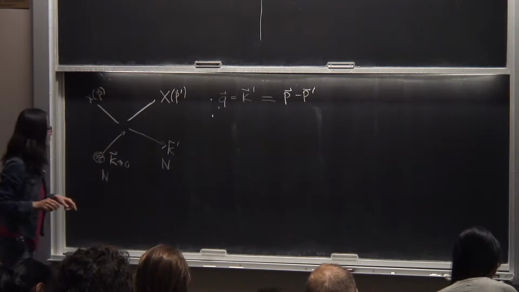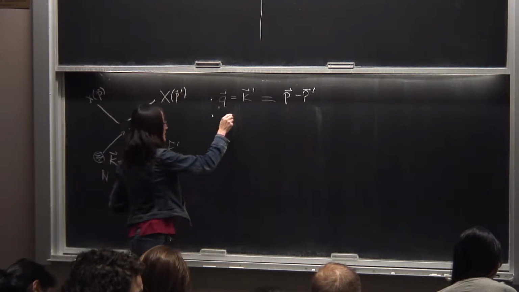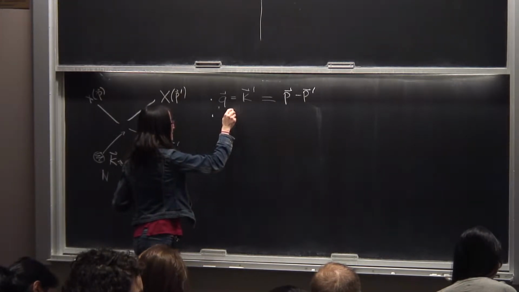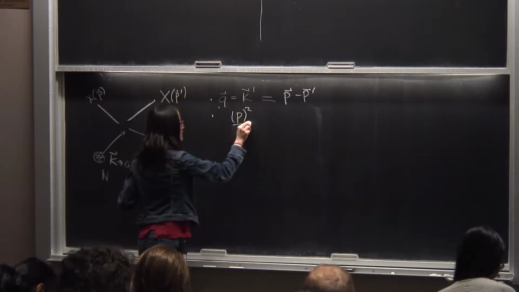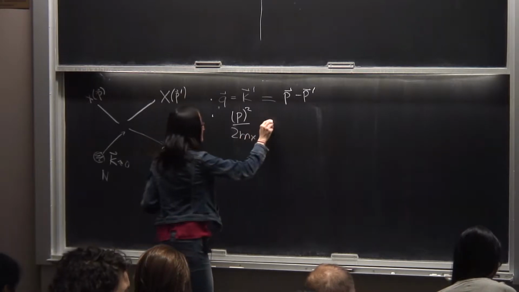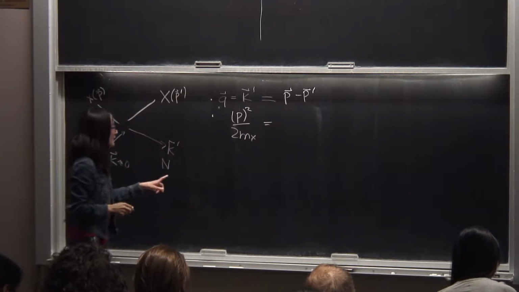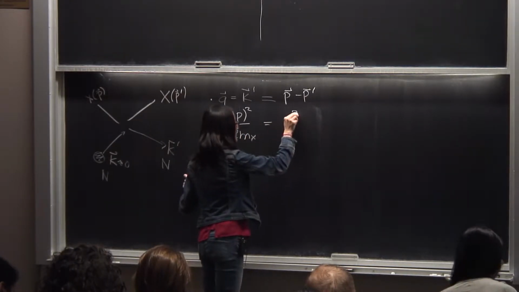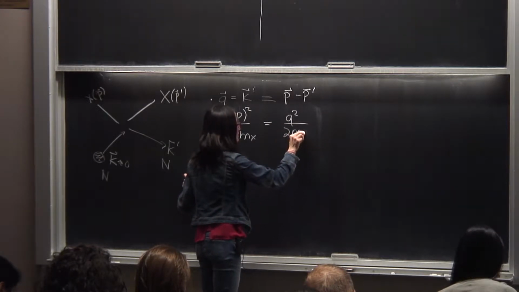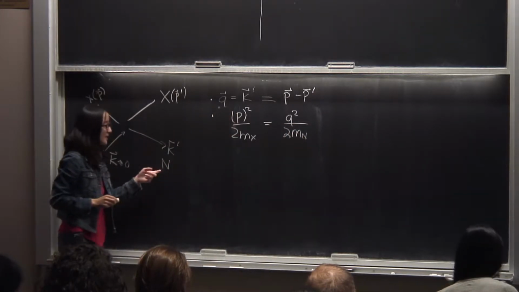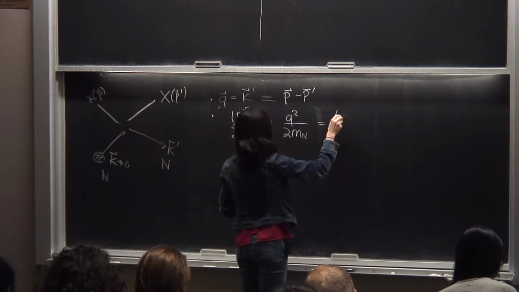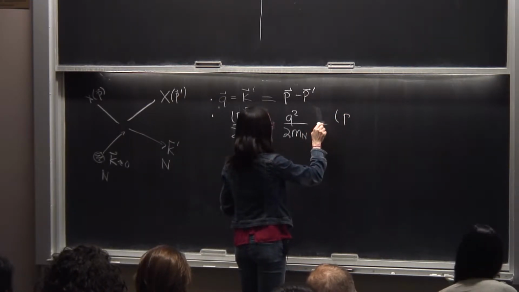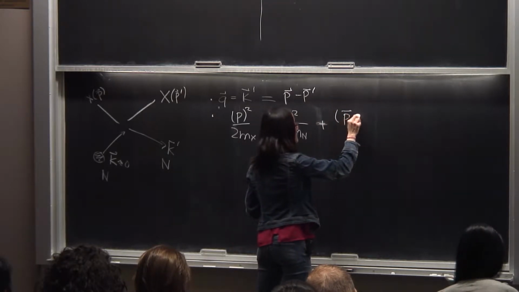Sorry, the initial energy is just p squared over 2mx. This is the recoil energy of the target nucleus, and then the recoil energy of the dark matter.